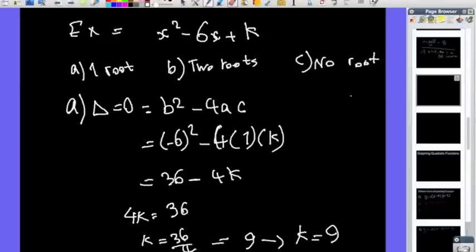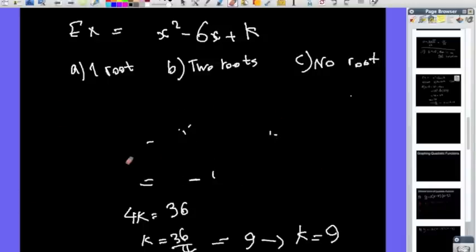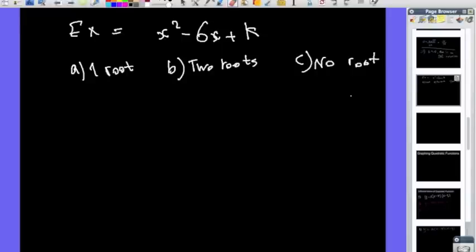And now for the second one, which is b, let me erase. We have b for delta is greater than 0.